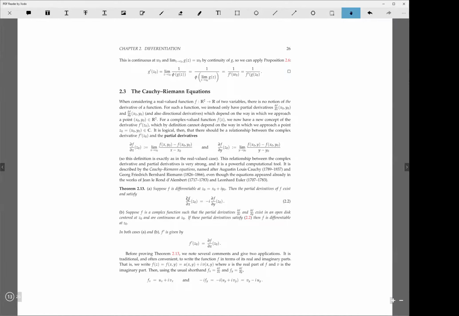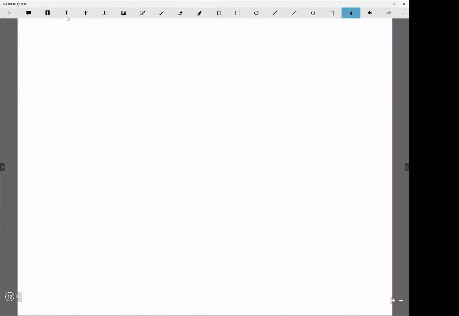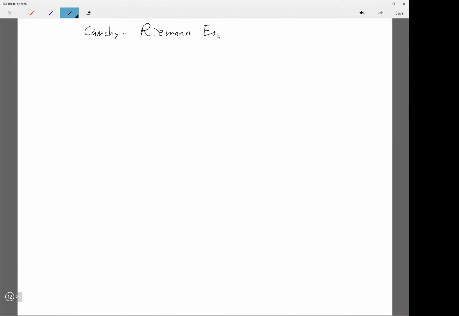If you have a differentiable function, let me work it out over here. The Cauchy-Riemann equations. I'll try to show you how these work.